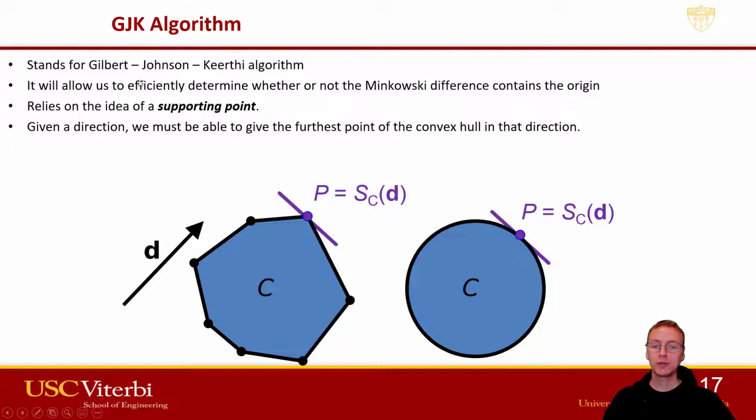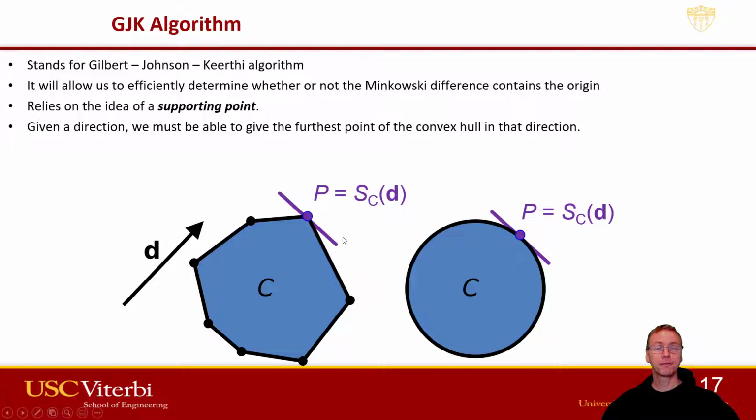Okay, we are going to introduce some more vocab words. We've got a supporting point. A supporting point is a point on the surface of the shape that is the farthest in that direction. So, for example, I've got this convex polygonal shape.